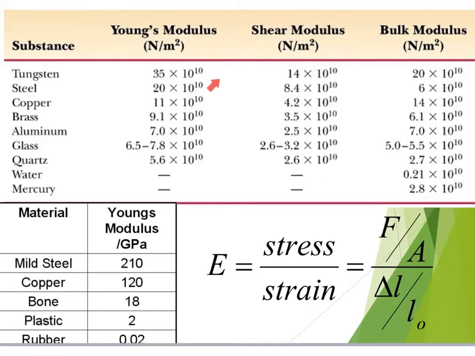And so we're going to take these standards, and so when we look at Hooke's law and we look at our stress over strain, Young's modulus is going to be appearing in this lower area of strain where we look at our proportional deformation. And so we're going to apply this. The example we're going to use in our problem is going to be steel. And so you're going to see that we're going to use 20 times 10 to the 10th, and this is a standard. We'll use this in our upcoming problem for our solution.